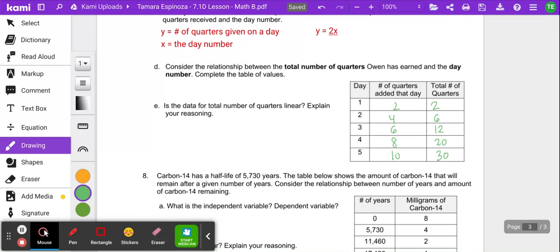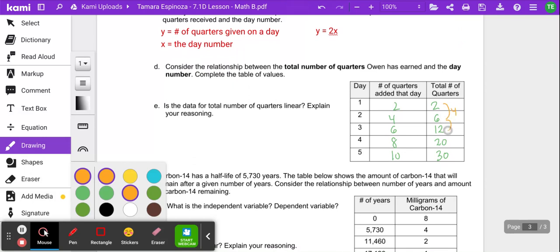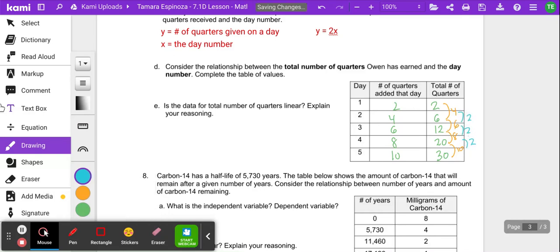So is this linear? No. We can look at the first difference. Here, this is going up by 4, up by 6, up by 8, up by 10. So the first difference is not constant. We can look at the second difference to see if it's quadratic, if it's an x squared function. Up by 2, up by 2, up by 2. So I see this is quadratic, not linear. So is it linear?